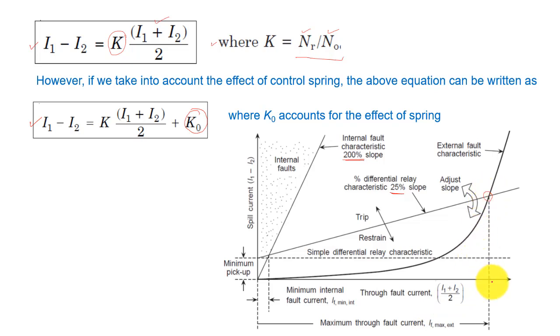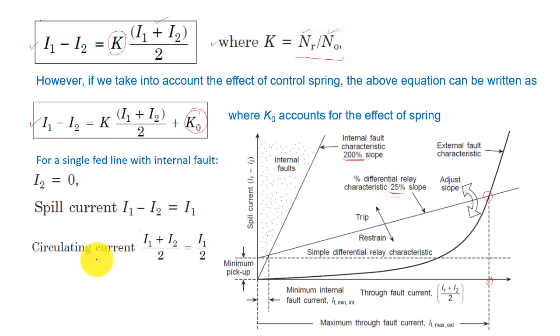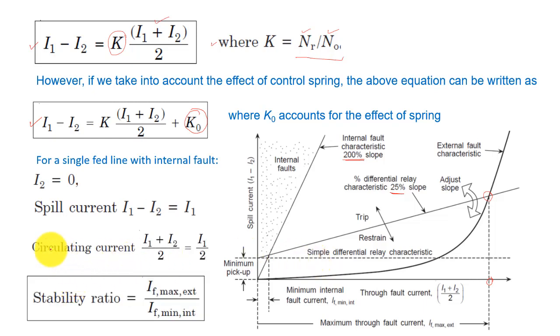And we already discussed how the stability ratio improved. So how the slope of the internal fault characteristic became 200%: it is because your spill current is I1 and the circulating current is I1 by 2, so the slope becomes I1 divided by I1 by 2, which is equal to 2.